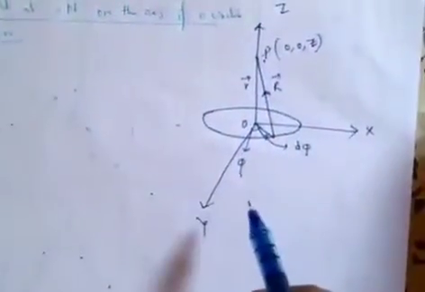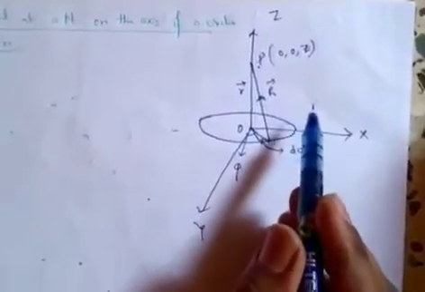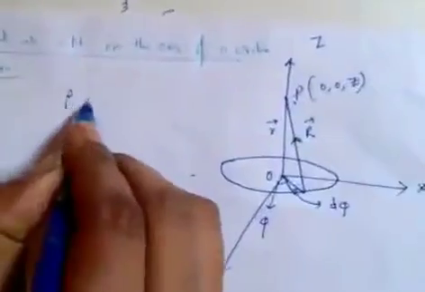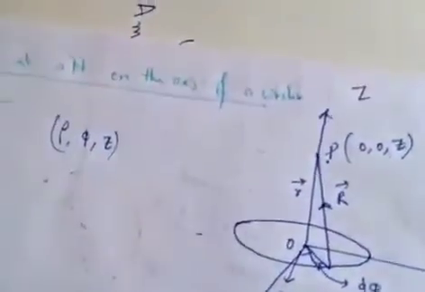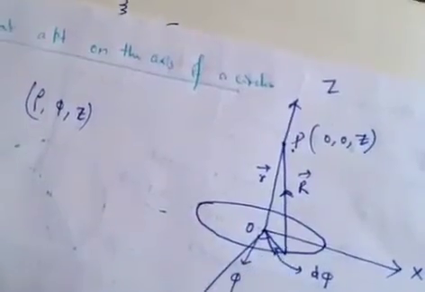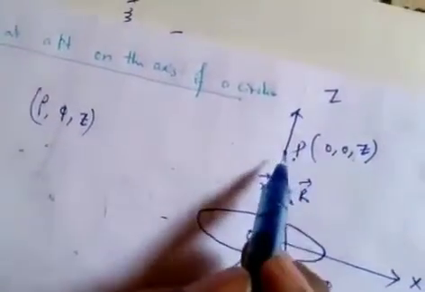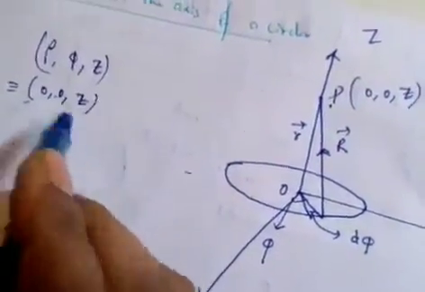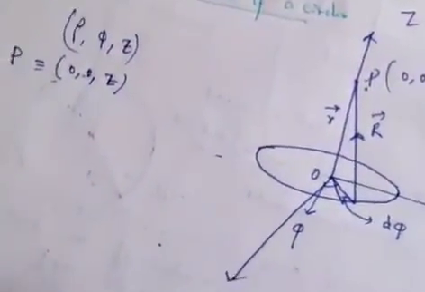For simplicity of our calculation, we use the cylindrical coordinate system here. The basic coordinates are rho, phi and z. This portion is phi and this is d phi. Now the coordinate of the field point P is nothing but 0, 0, z. Clear?